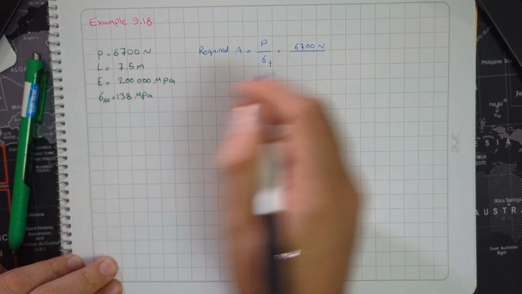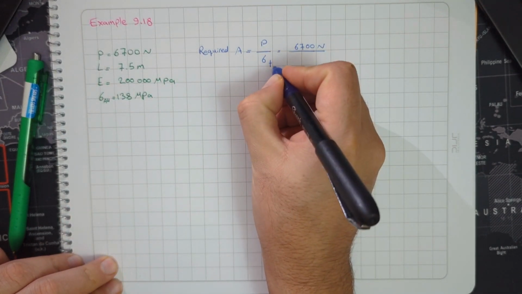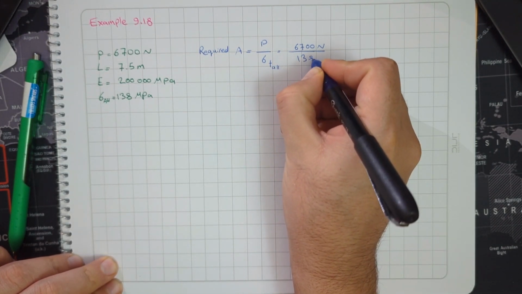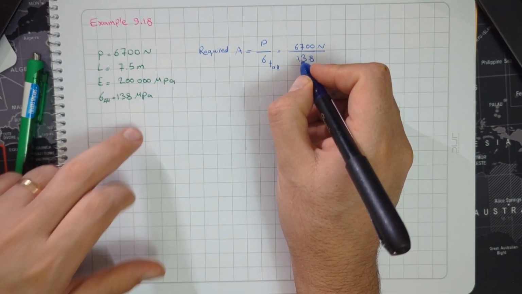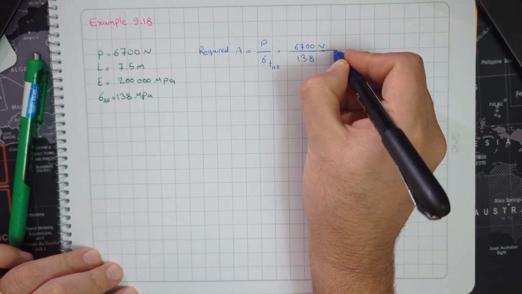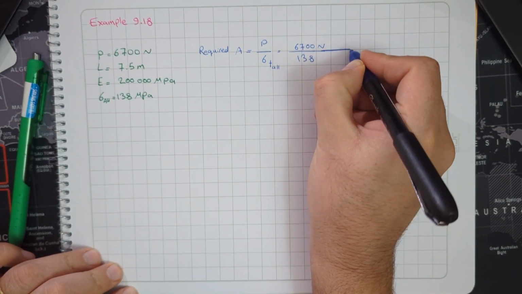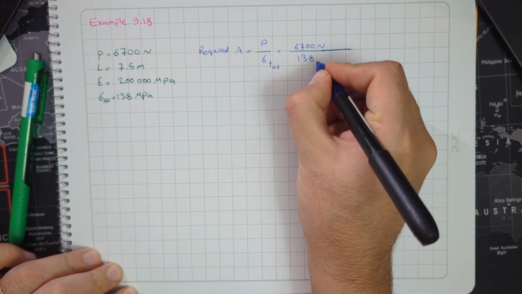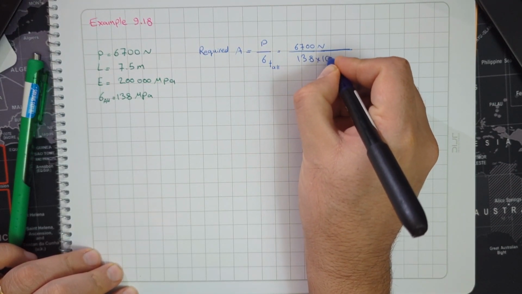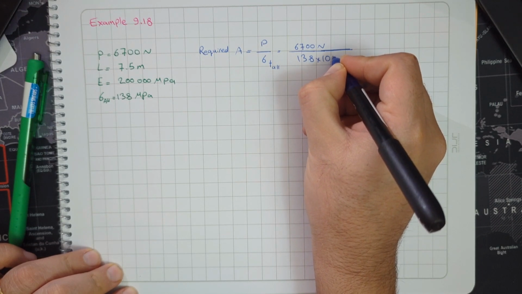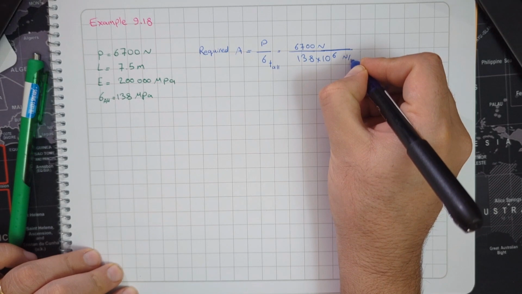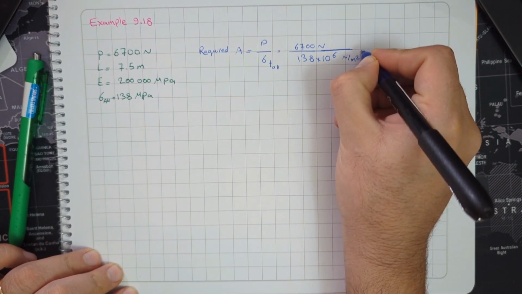So we have actually sigma TL. TL is 138 megapascal. You want to convert it to Newton per square meter, so you have to do this Newton per square meter.